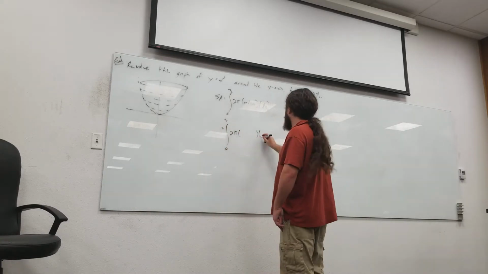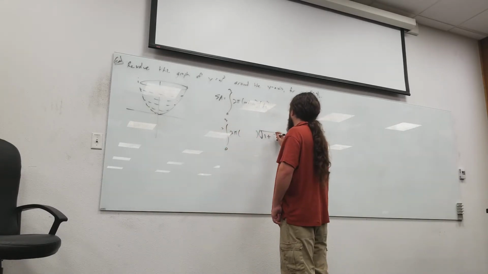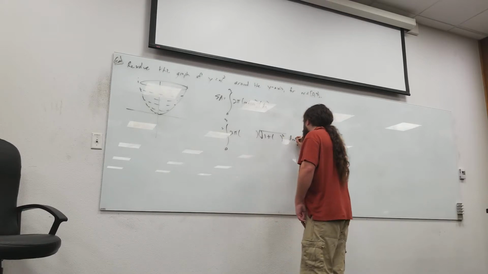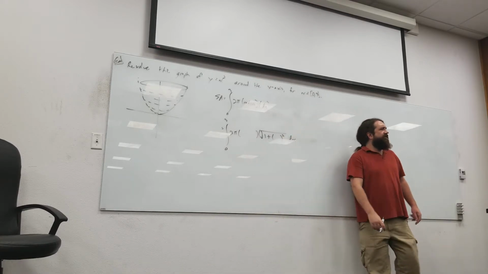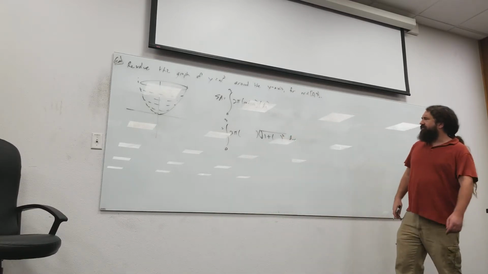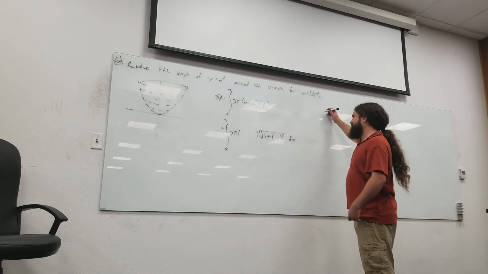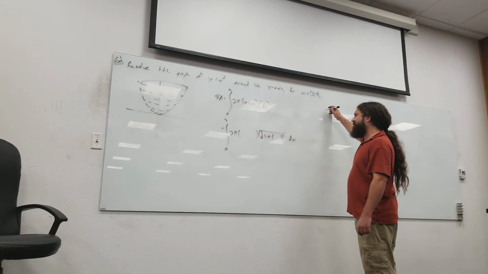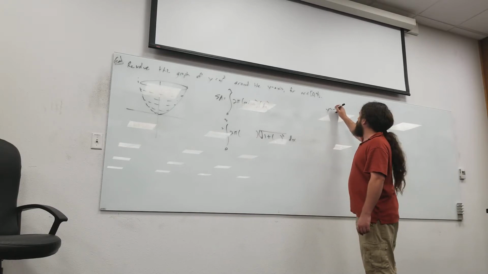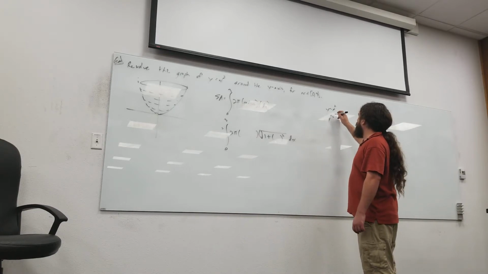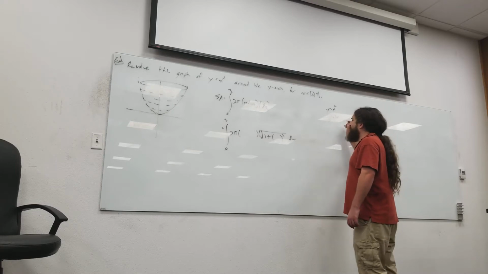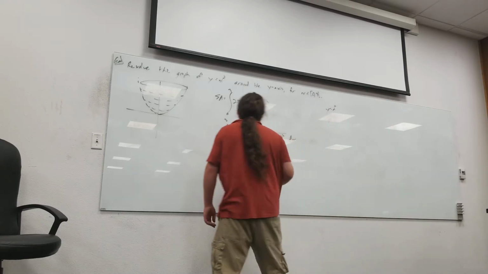And I know arc length is going to look like the square root of 1 plus something squared, dx. All right, so what normally goes here? dy/dx? Okay, so y is equal to x squared, so y prime is equal to 2x. That's what goes in there.